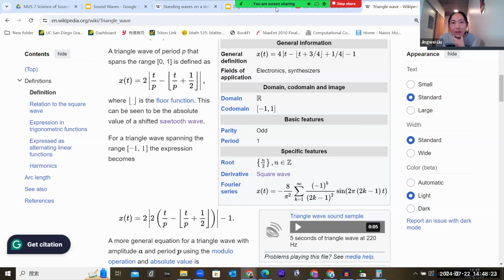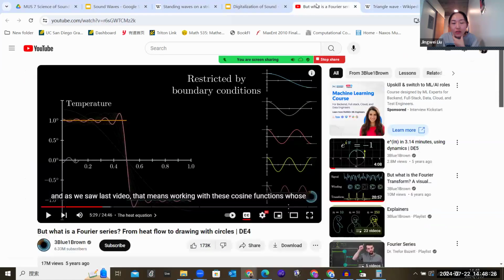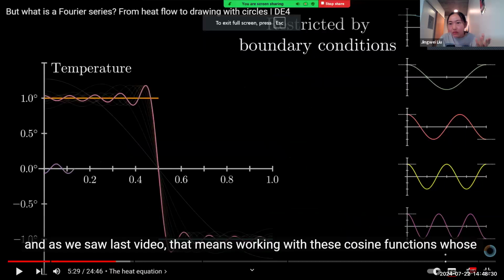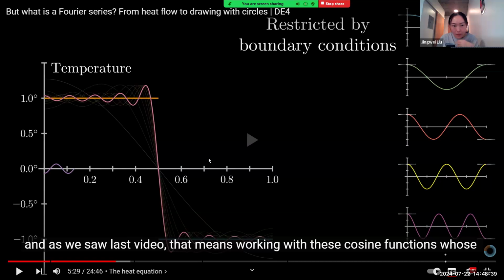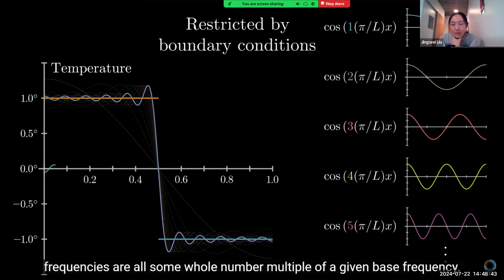So it gives you an explanation like why you only have these modes. You only have those modes because of the boundary conditions, that means working with these cosine functions whose frequencies are all some whole number multiple of a given base frequency.